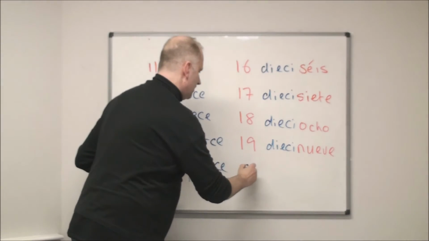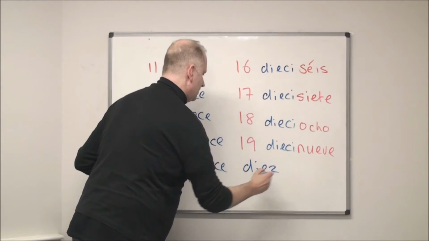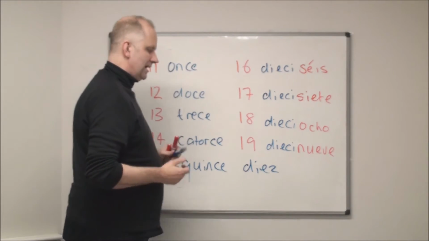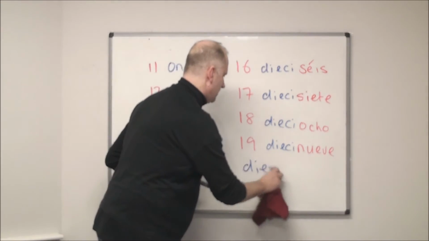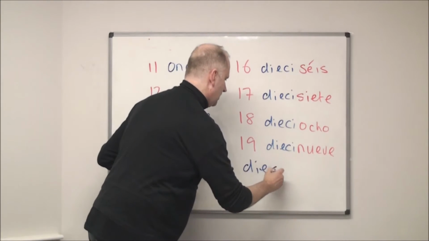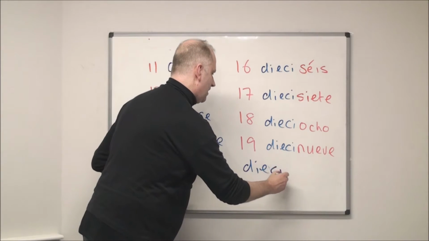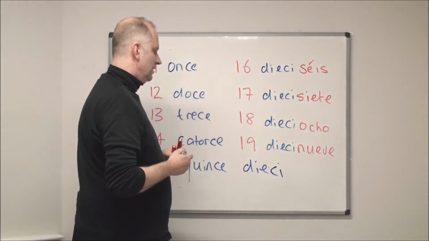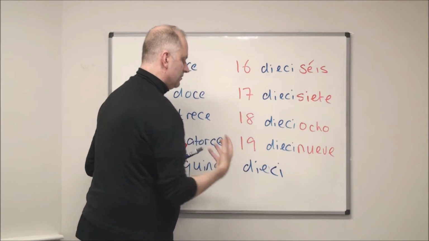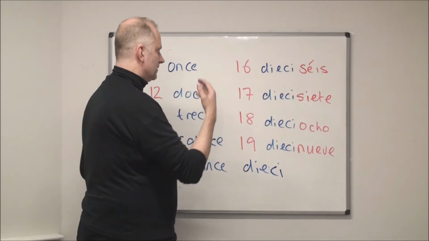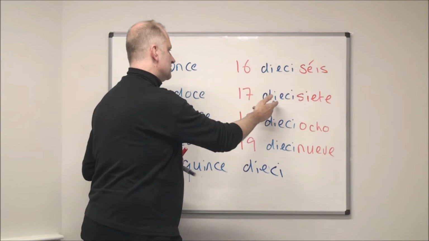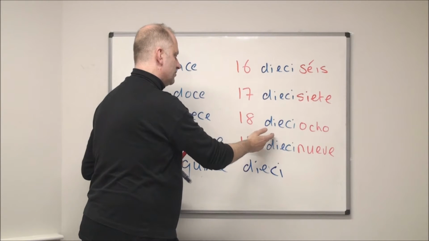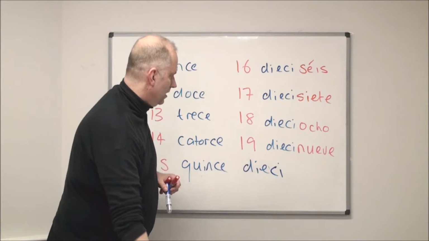The number 10 is diez. What they do is change the Z to a C, and then put an I, meaning and, but it's still the same kind of pronunciation, and then 16, 17, 18, 19.